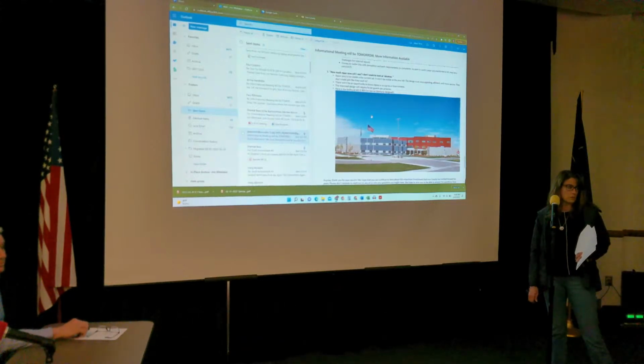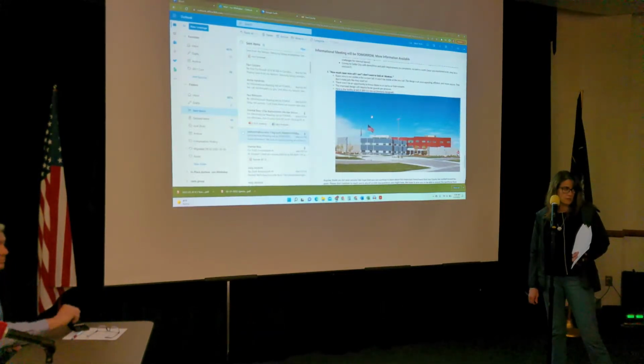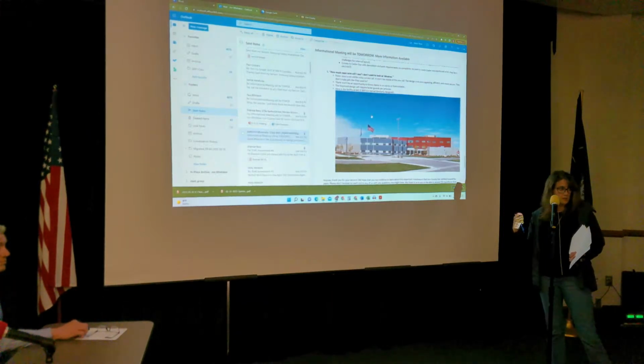In a true dark skies design, you're not allowed to have any of your light go over your property line. The reality is that they're very quiet facilities too, because even though they have outdoor recreation, it's not rowdy out there.